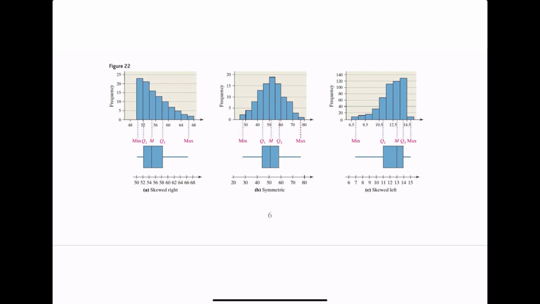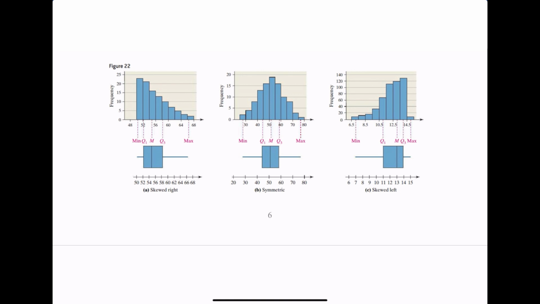If you look at the first one to the left, you get, in some ways, a better visualization of the data looking at the histogram. You can get a better idea of how many data values are in each class, and you get a nice view of the fact that it's skewed to the right.